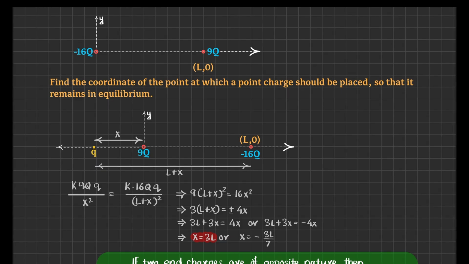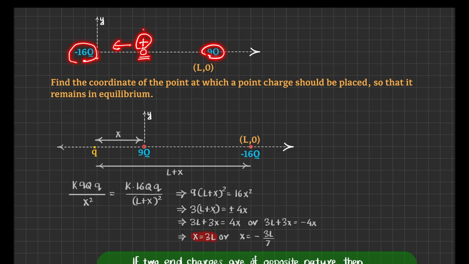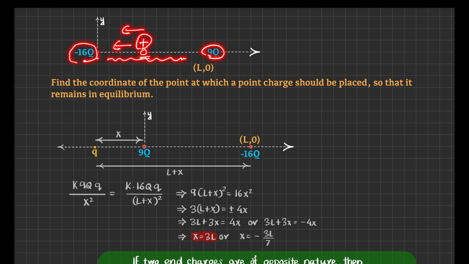But in this case, see, if we assume the third charge to be placed somewhere in the middle, let's say this is a positive charge, then minus 16q will pull it towards itself, and the 9q charge will try to push it. So if we keep the charge somewhere in the middle between the two charges, then the two forces will be in the same direction.